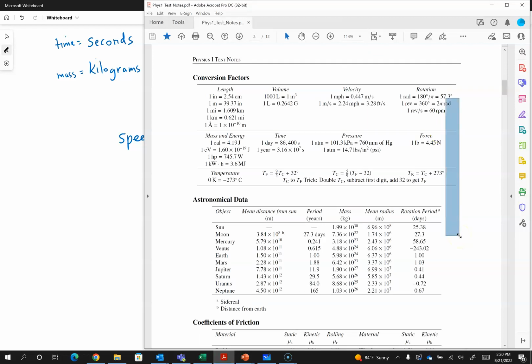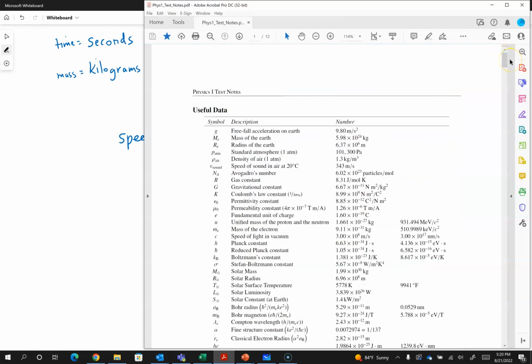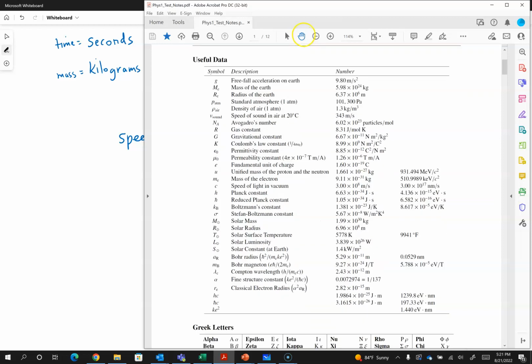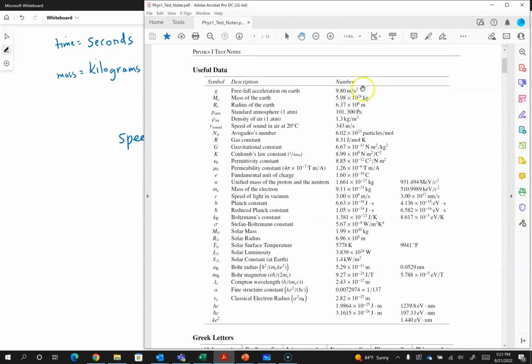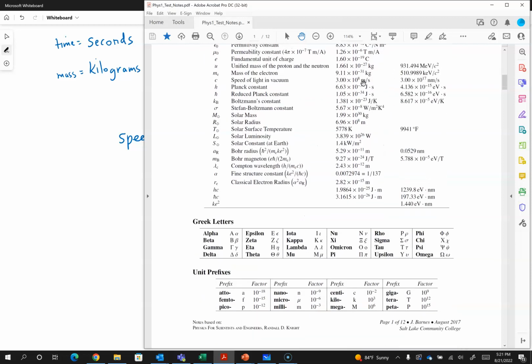So the first page, it's not letting me scroll here. So this is the front page of the test notes. There's a whole bunch of constants, which we won't do. Mainly what we'll end up using is gravity. At the bottom of the page, we have the prefixes.